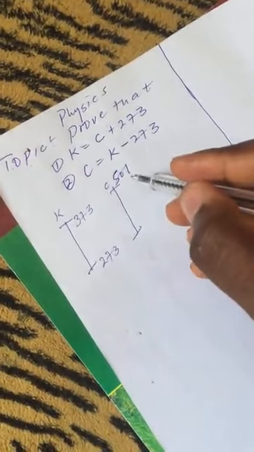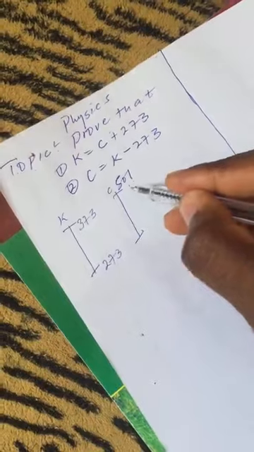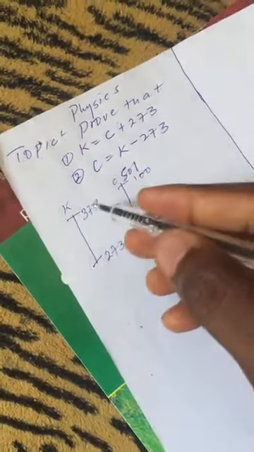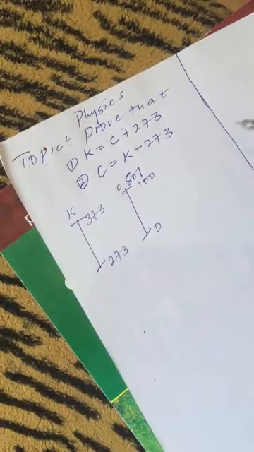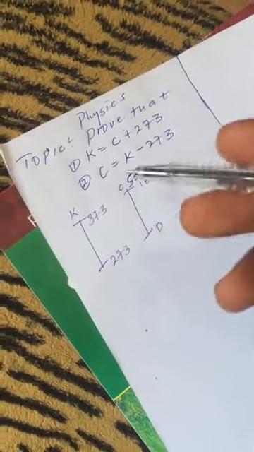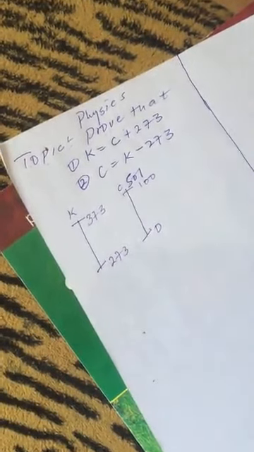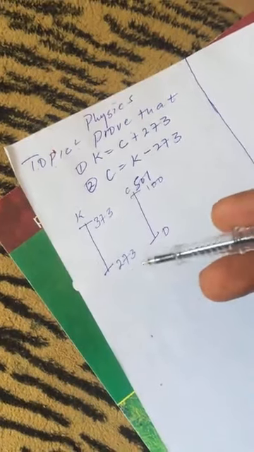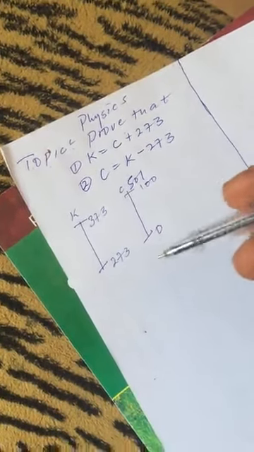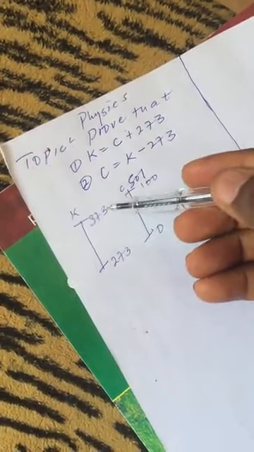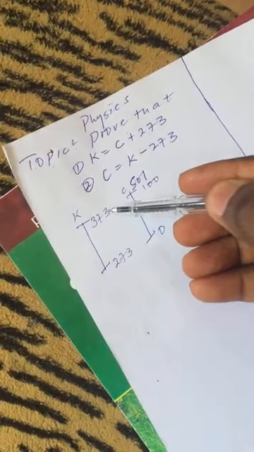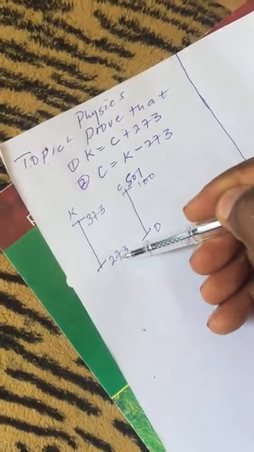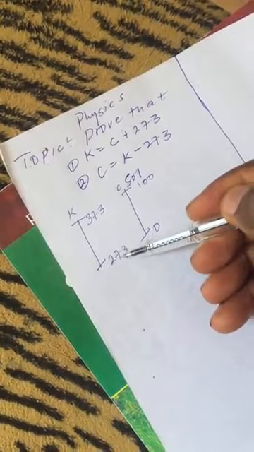The upper fixed point of the Celsius scale is 100, while the lower fixed point is 0. When we say upper fixed point, we are referring to the steam point or the hottest point. The lower fixed point is the freezing point or the ice point.